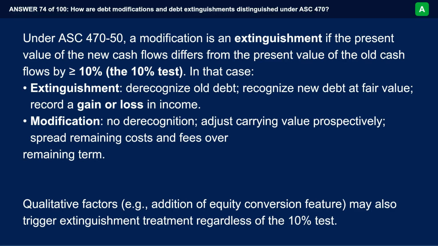In that case, extinguishment: derecognize old debt, recognize new debt at fair value, and record a gain or loss in income. Modification: no derecognition, adjust carrying value prospectively, and spread remaining costs and fees over the remaining term. Qualitative factors, for example, addition of an equity conversion feature, may also trigger extinguishment treatment regardless of the 10% test.